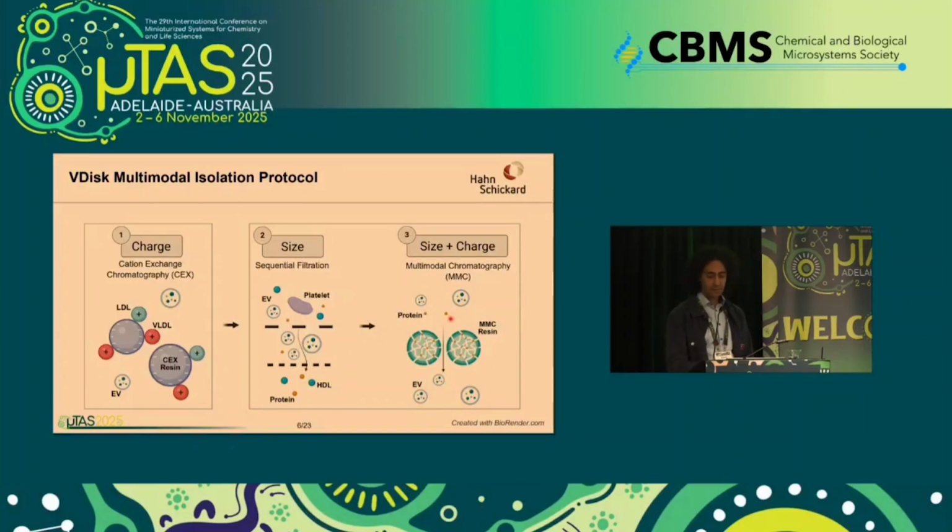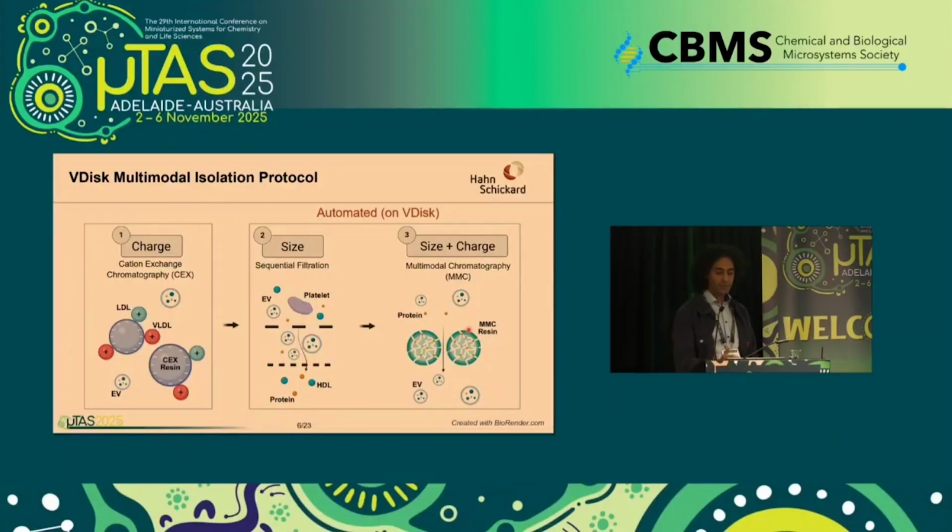For the MMC, we have this type of resin, as you can see here, which has an activated pore size. Small particles like proteins can go through the pores, and due to their charge, they will be bound here and don't elute further. While EVs, due to their size, don't go through the pores of these particles, and they can be collected after this step in a very purified way.